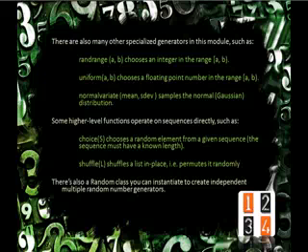Some higher level functions operate on sequences directly, such as choice(S), which chooses a random element from a given sequence. shuffle(L) shuffles a list in place, that is, permutes it randomly. There's also a Random class you can instantiate to create independent multiple random number generators.